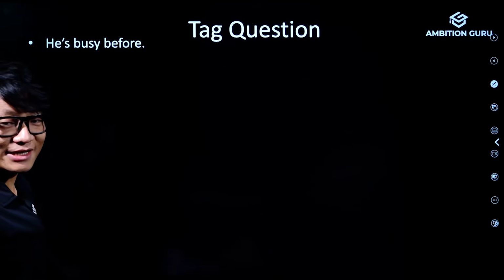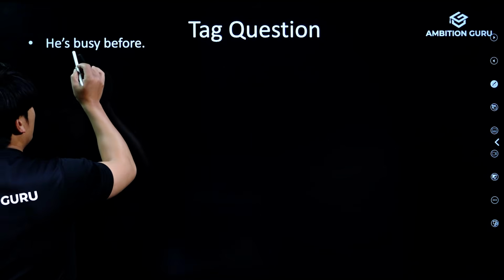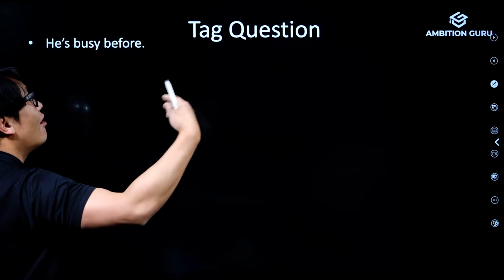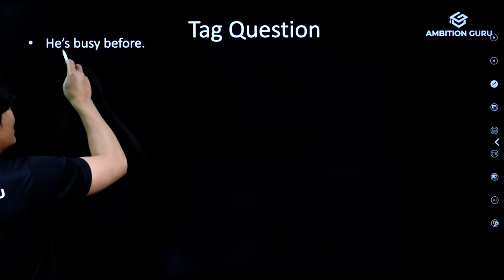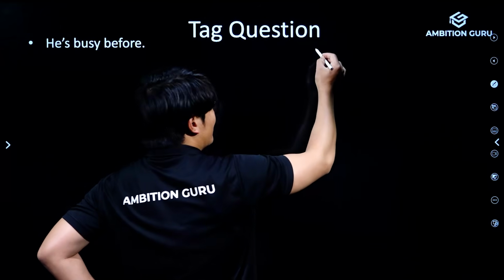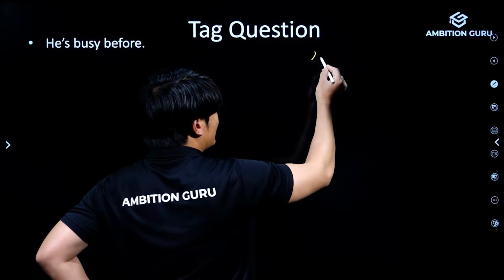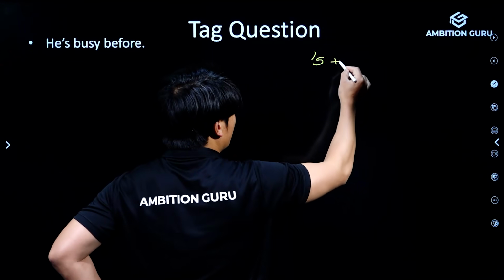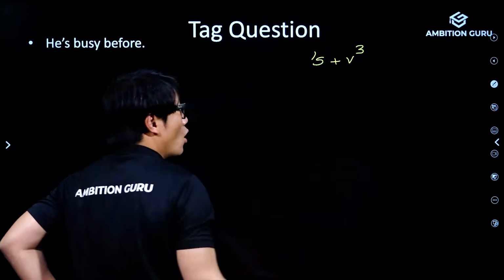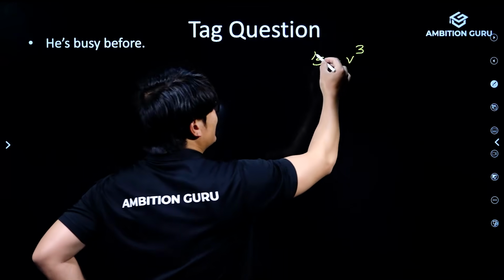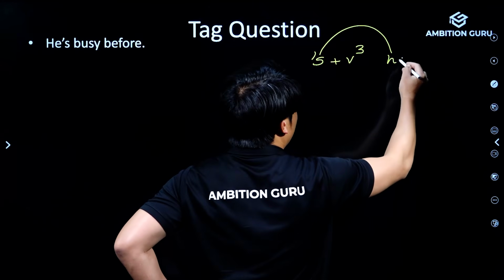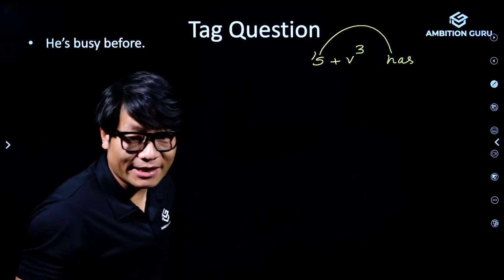Okay, so check it. You need to understand here. So obviously there are lots of sentences with apostrophe S. Let me write here. Even you can note, okay? If there is apostrophe S after which there is a participle verb or verb 3, this is what it is as, has. Clear?